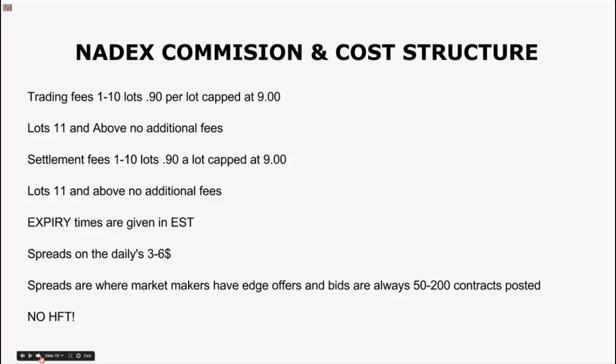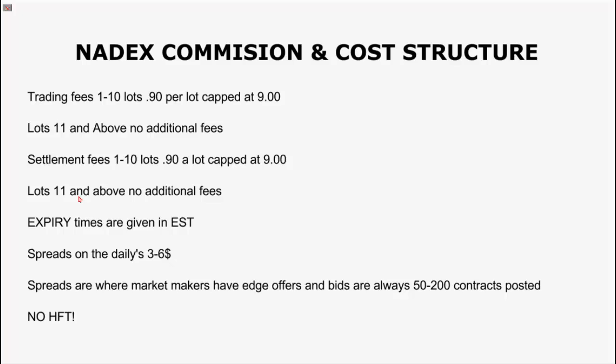That number is big. I've seen it. So one of my favorite things about the commission structure with Nadex is I'm capped at $9 whether I'm in or out. So as I scale up, I'm actually reducing my cost per trade on a commission basis, which is really favorable as you begin to scale.